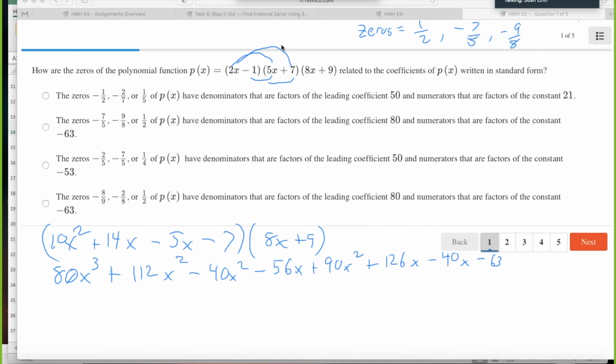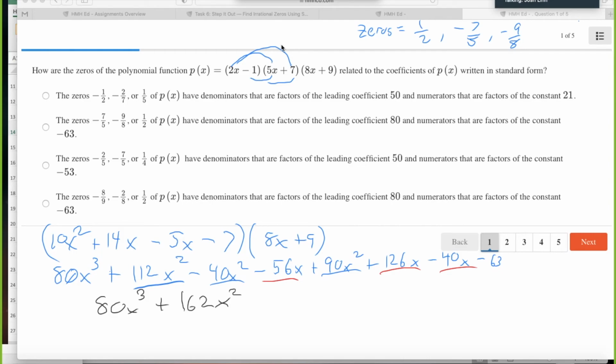So now we're going to combine like terms. We got a squared, we got a squared, we got a squared. We got an x, we got an x, we got an x. And here we go. So we've got our 80x cubed plus, we've got a 112 minus 40 plus 90, 162x squared.